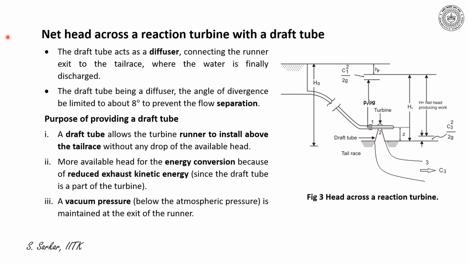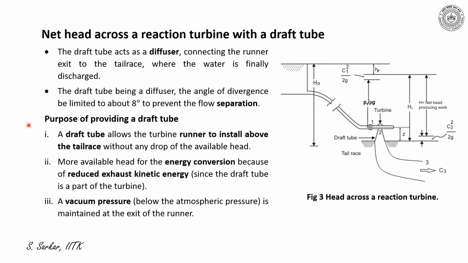Thus, the draft tube acts as a diffuser connecting the runner exit to the tail race where the water is finally discharged. Further, one should note that the draft tube being a diffuser, the equivalent divergence angle must be limited to 8 degrees to prevent flow separation.